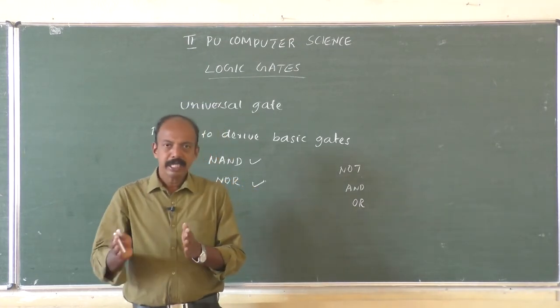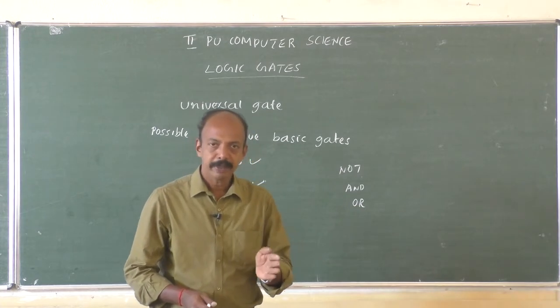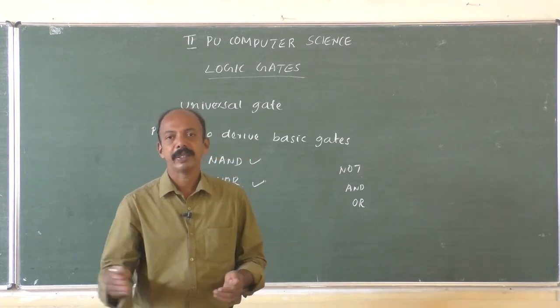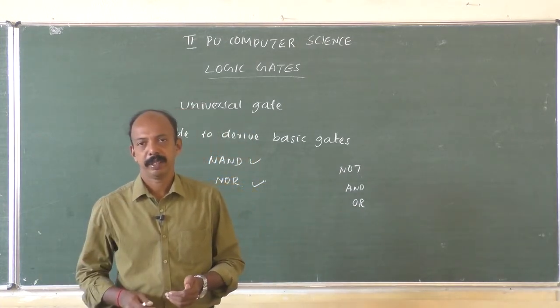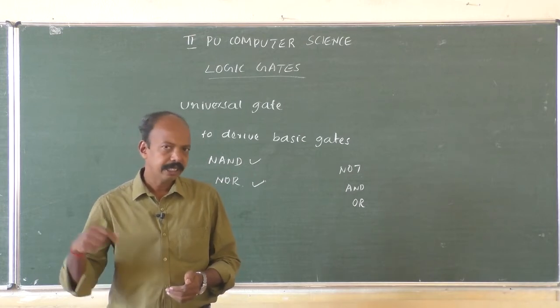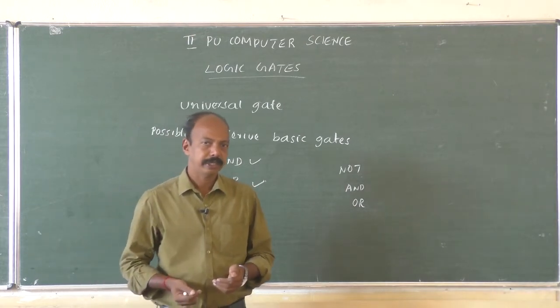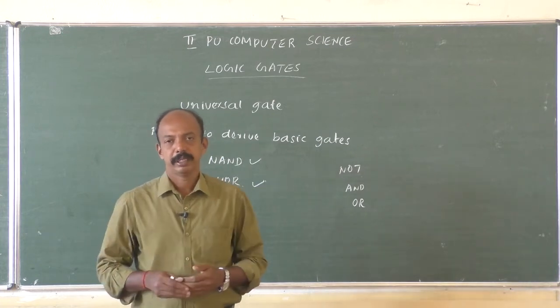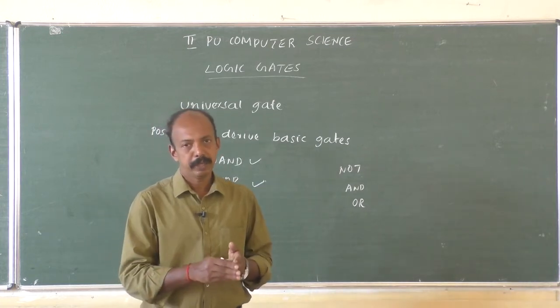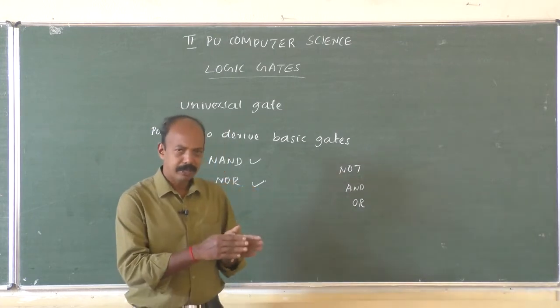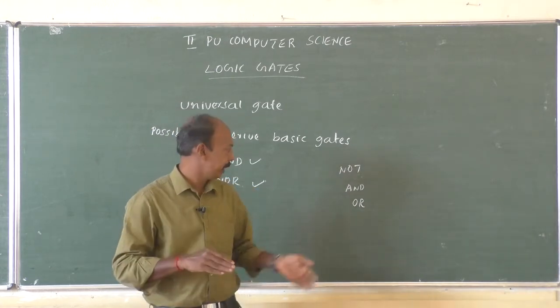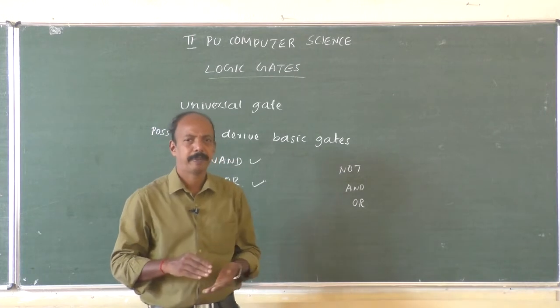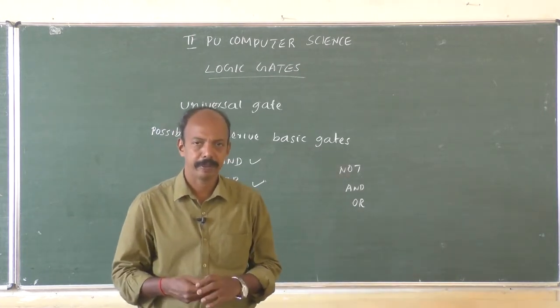If you want to design a circuit, if that circuit is having a NOT gate, AND gate as well as OR gate, along with that other gates we have seen, derived gates also. By having different types of components, we will be having extra different types of circuits.